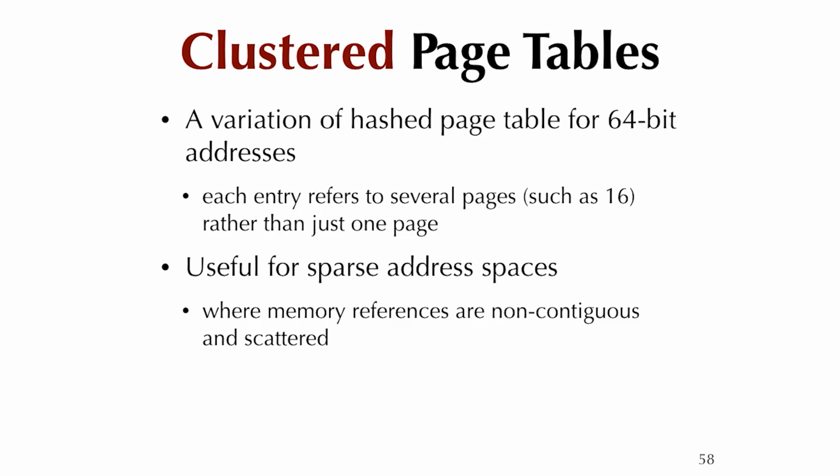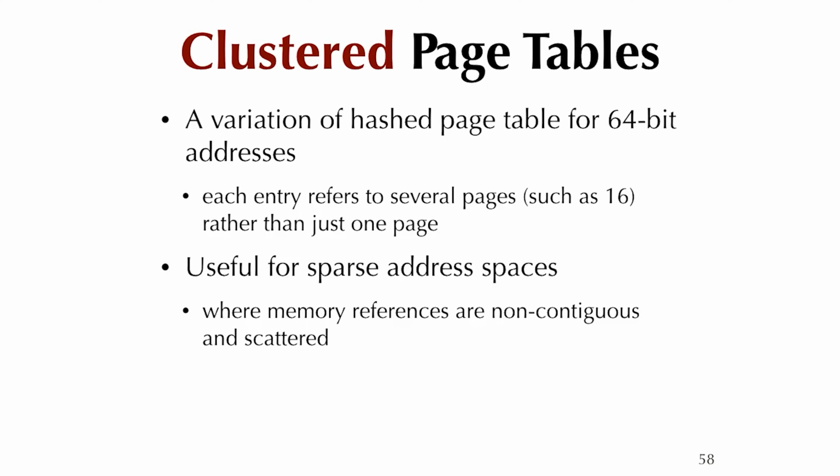And then instead of using, say, 16 bits, you use 12 bits. So you only hash the upper 12 bits. What happens to the remaining 4 bits? Well, those different addresses will share the same clustered entry. And that clustered entry will then contain the individual mappings.